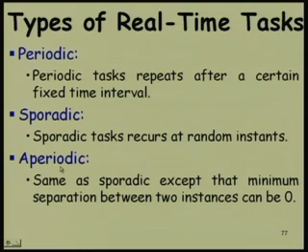The aperiodic tasks are somewhat similar to sporadic tasks, but with a minor difference. In the sporadic task, again the events that cause these tasks occur at random instants, but in the aperiodic case the separation between two instances can be 0, that means two aperiodic task instances can occur at the same time.